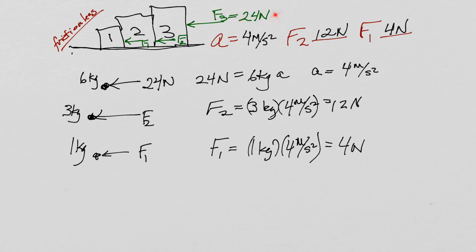The biggest force, 24 newtons, pushes on all three masses. The middle force, 12 newtons, pushes on 2 masses, and the smallest force pushes just on 1 mass. So this is a very powerful technique for solving these kinds of problems pretty quickly, and I think in a very commonsensical way. Hope that helped.